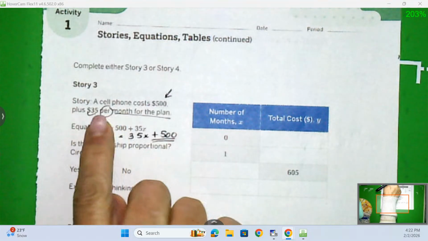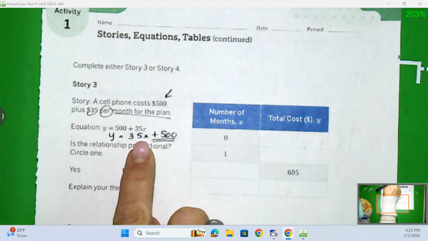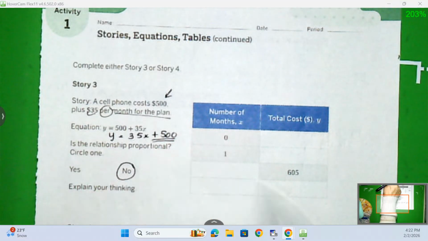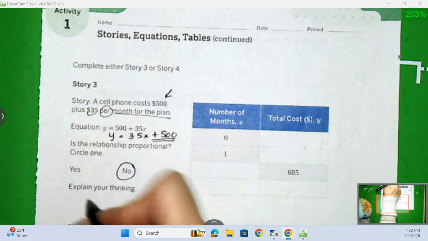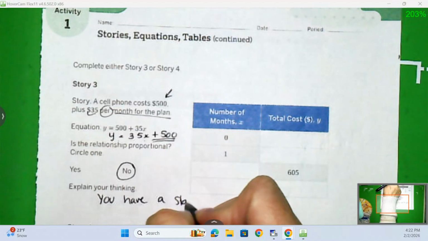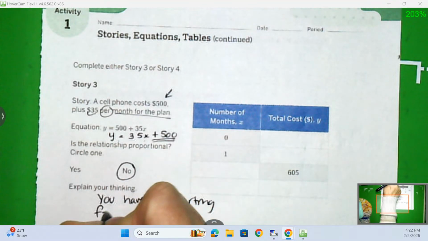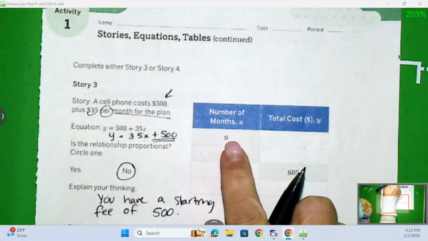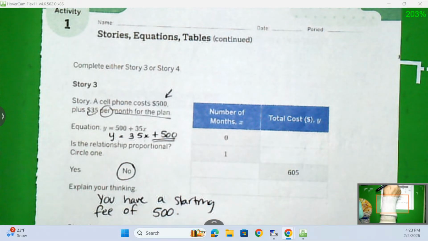The per part tells you that you're multiplying 35 times that amount, but this plus 500 makes this not proportional. You don't have a constant of proportionality because you have a starting amount, a starting fee of 500. Even if you are not using it for any months, you are still going to be paying the $500 for your phone.